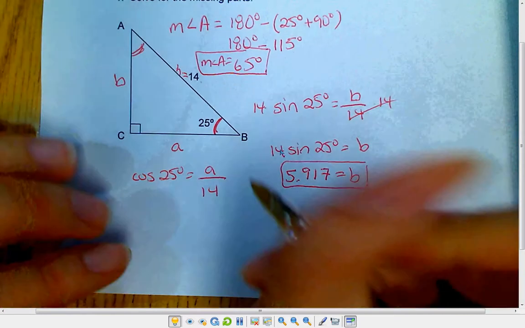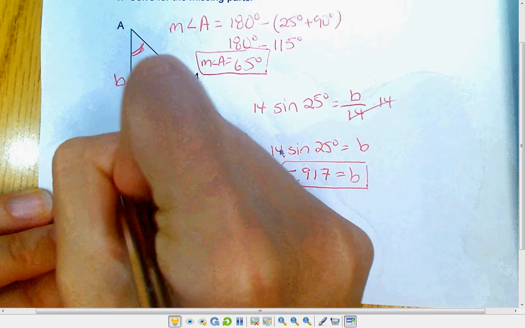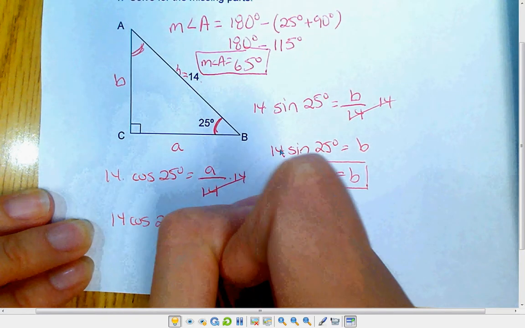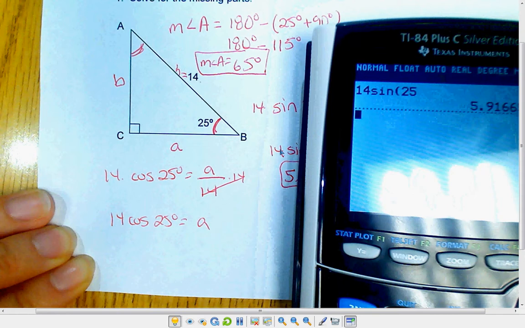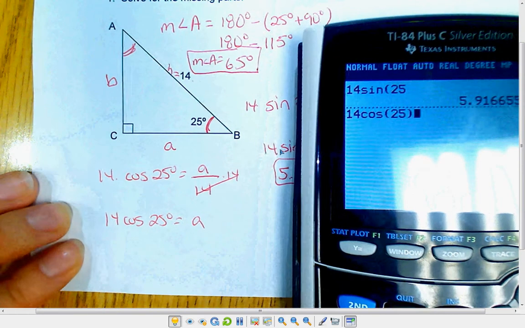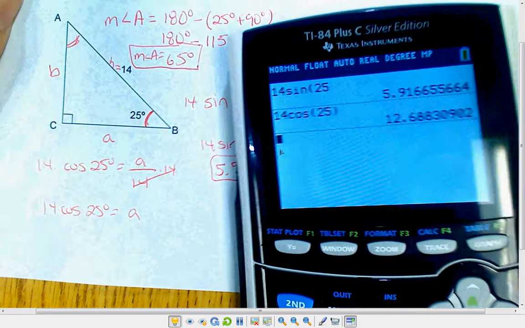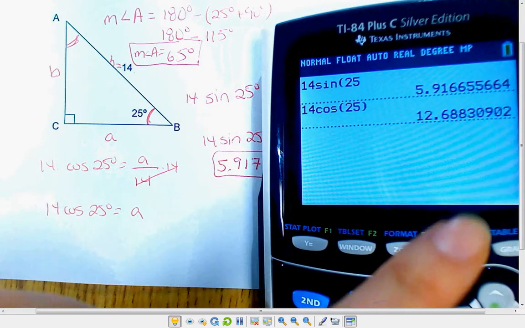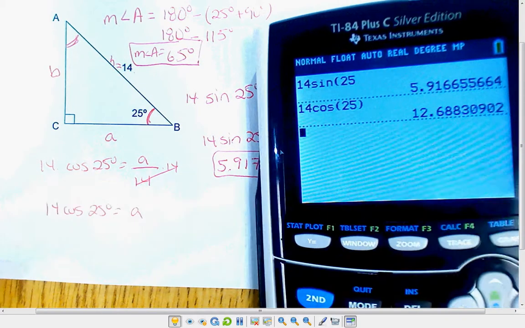I'm going to solve for A. So A is 14 cosine of 25. Put that into my calculator, again making sure I'm in degrees mode, and that's going to give me 12.688, rounded to the third decimal point.